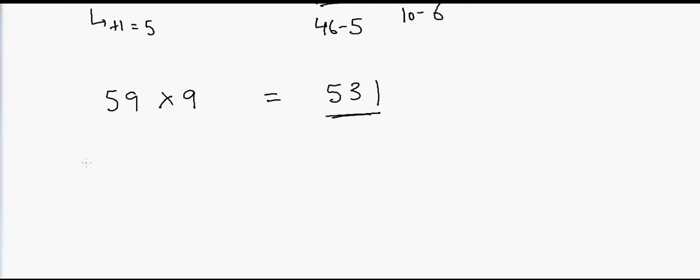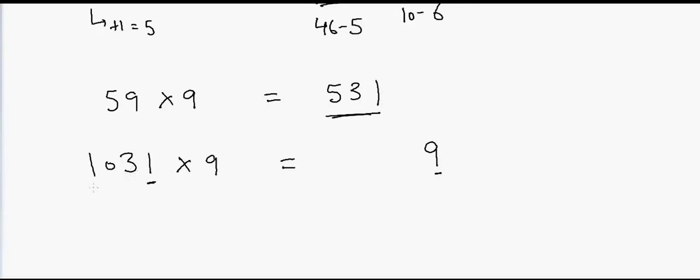Now this formula will also apply for very large numbers. Suppose I have 1031 and I want to multiply by 9. First I'll take the last digit 1. So 10 minus 1 is 9, so the last digit would be 9.